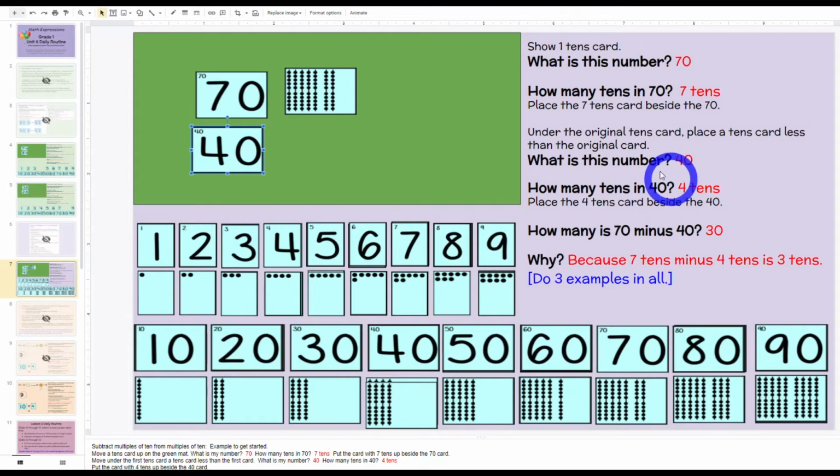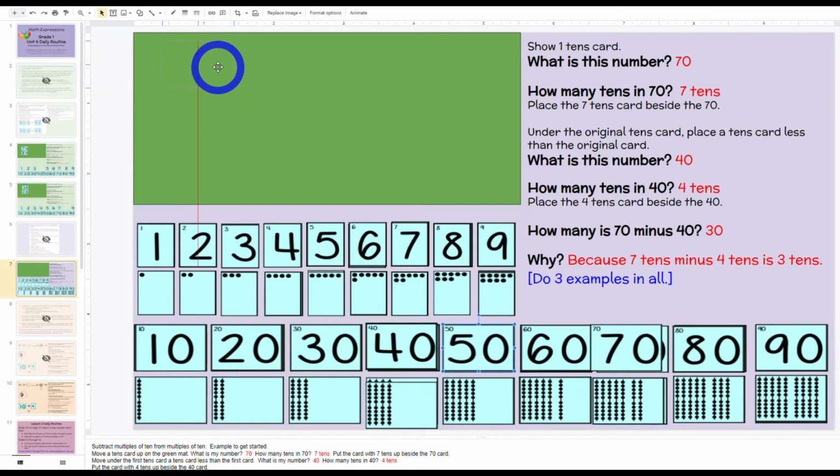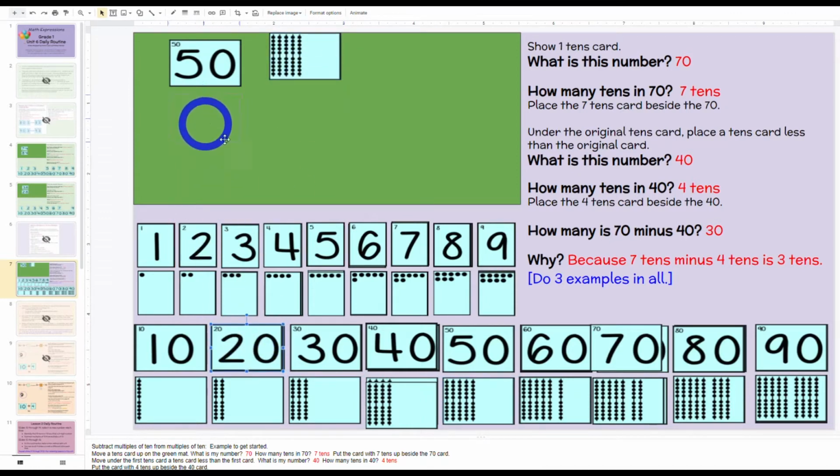Boys and girls, let's do another example. We'll move these back. So I kind of like that method better, but I'll let you decide for you. If I said, boys and girls, what's this number? 50. How many tens are in 50? Class, 5 tens. Boys and girls, what's this number? 20. How many tens are in 20? 2 tens.